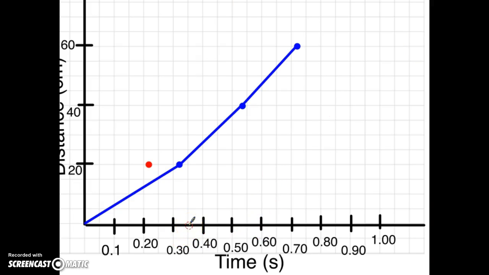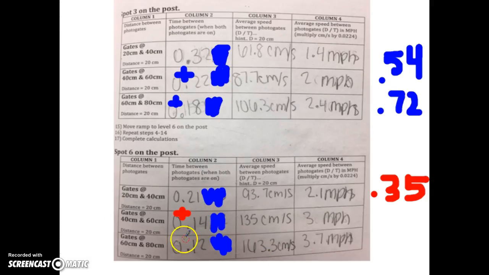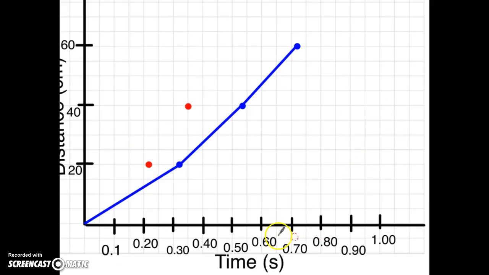Adding the distances, my second dot will be here. You do yours. Same thing with my last one. 0.35 plus 0.12 is 0.47. This is going to be my third plotted point. 0.47 will be about right here, all the way up to 60 centimeters, and right there.